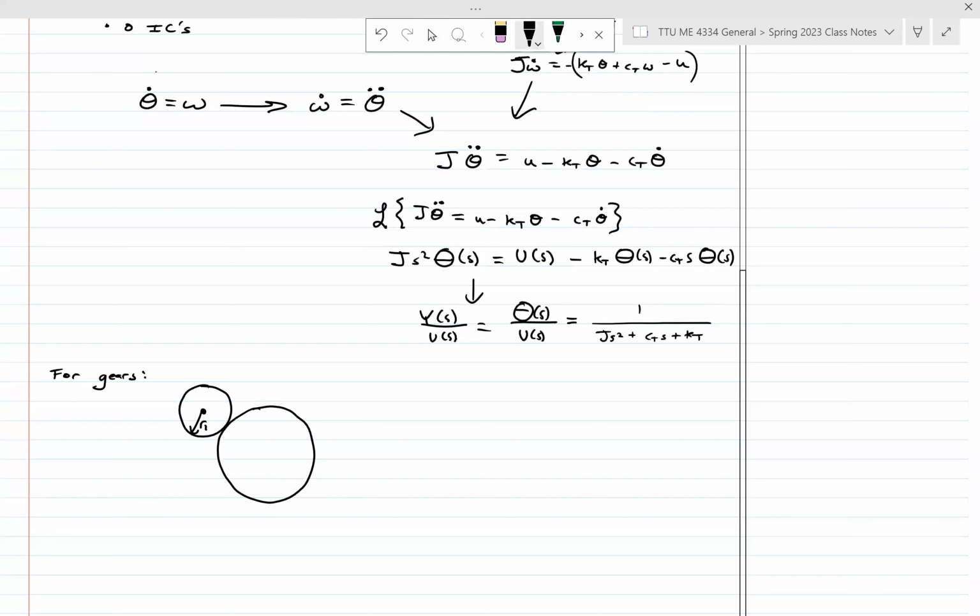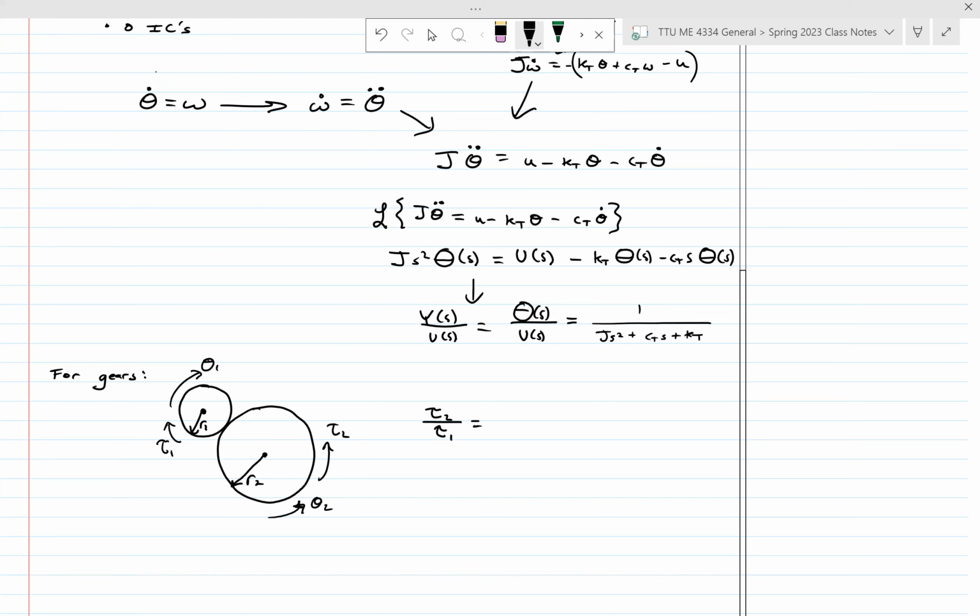Instead of dealing with number of teeth and all that sort of stuff, I'm just going to say the gears have certain radii, R1 and R2. This is theta 1. This is T1 or tau 1. This is tau 2 and theta 2.